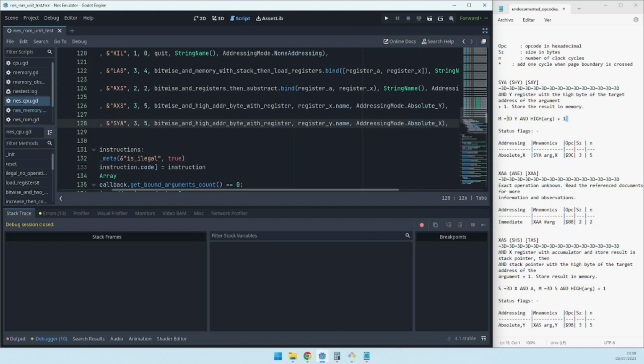M equals 3D, Y and high X and so on. Why 3D? What is 3D in this? Well, whatever.